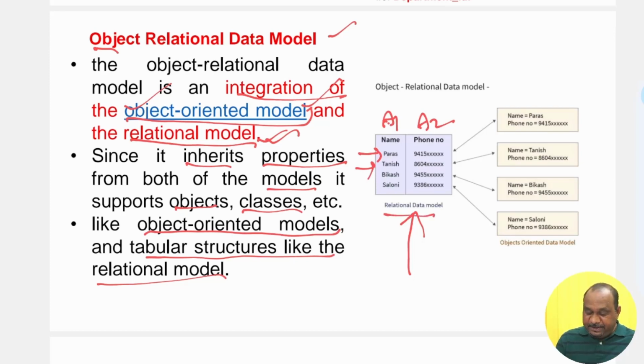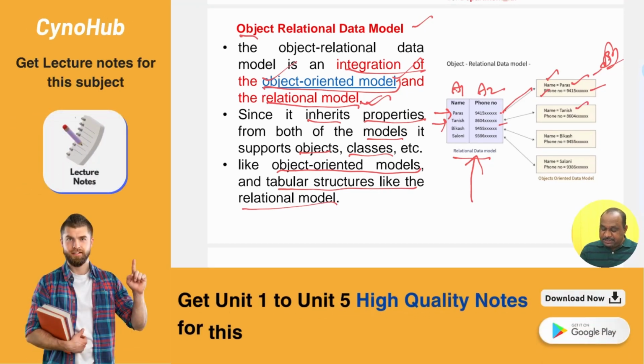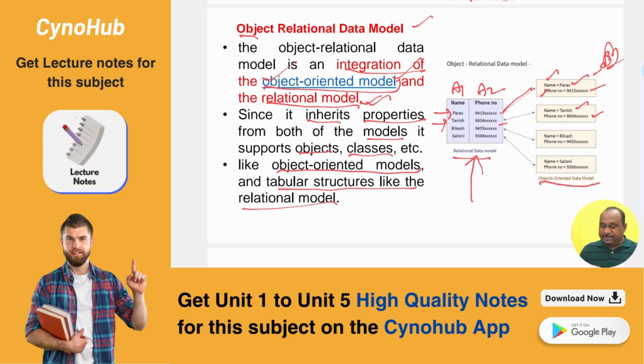But in detail, if you take an individual name, phone number, assume this is one of the objects. For every object, you can see here name equal to Paras, phone number equal to 9415 some number. If you take one more, name equal to Tanish and phone number equal to so and so. This representation is the object-oriented data model.